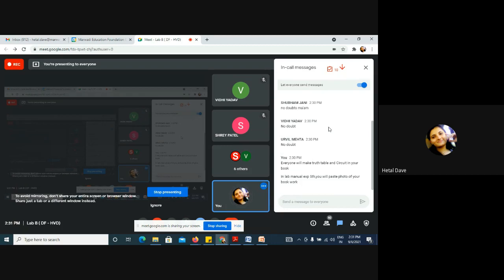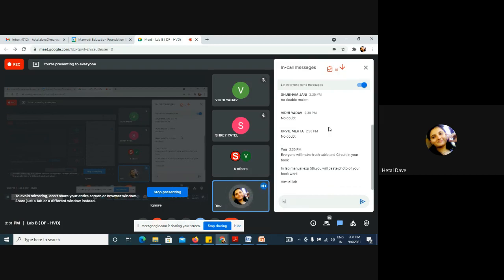Once your book work is completed, then you will open the virtual lab. Please open the virtual lab because right now in the virtual kit, the XOR IC is not available.